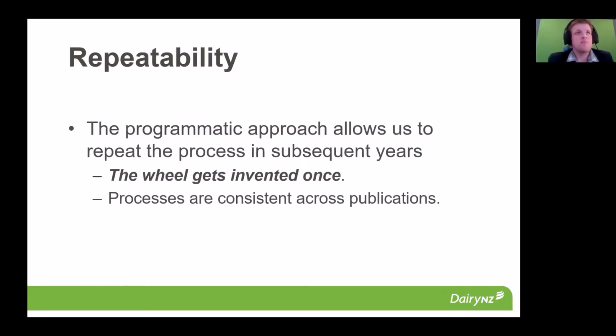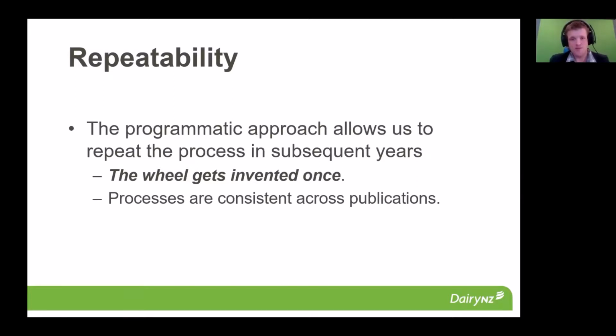The next reason would be repeatability. Repeatability is important because when you go back to do the next publication 9 months later, it's quite nice to not have to say, what did I do last time? By implementing it in programming and having it around the document, you don't have to ask that question because all the processes have already been written out and you've got them documented right in front of you.